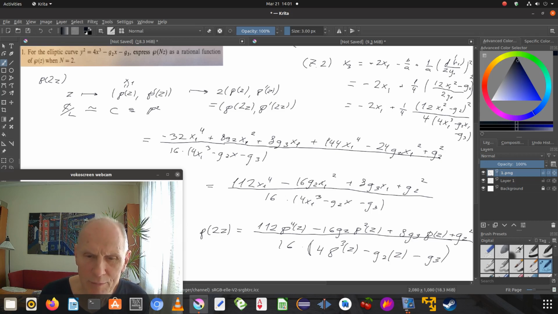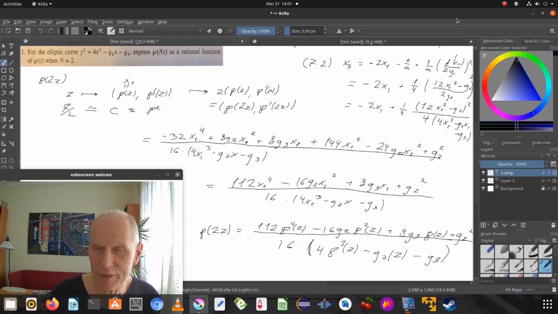I think I did mention in one of the earlier problems that one was able to make such formulas. I didn't expect them to be so complicated, though. Well, that's it. Let's try, it didn't take long, to do problem 2 as well.